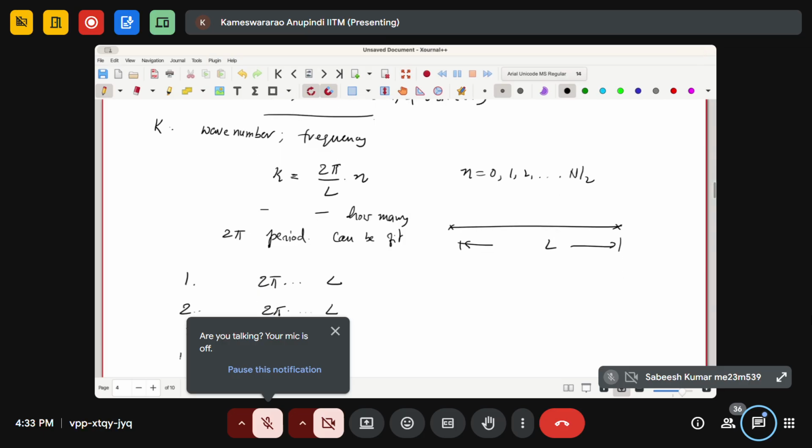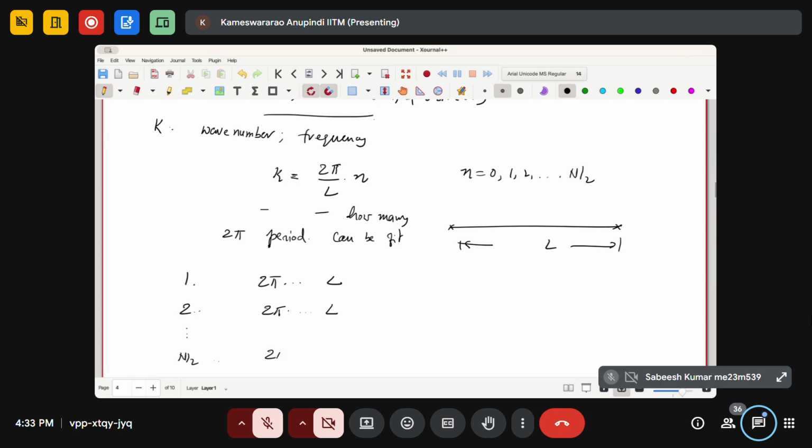Similarly, if n happens to be N by 2, then we can fit N by 2 waves of period 2 pi in a length of L. So this tells you how fast the function is varying.